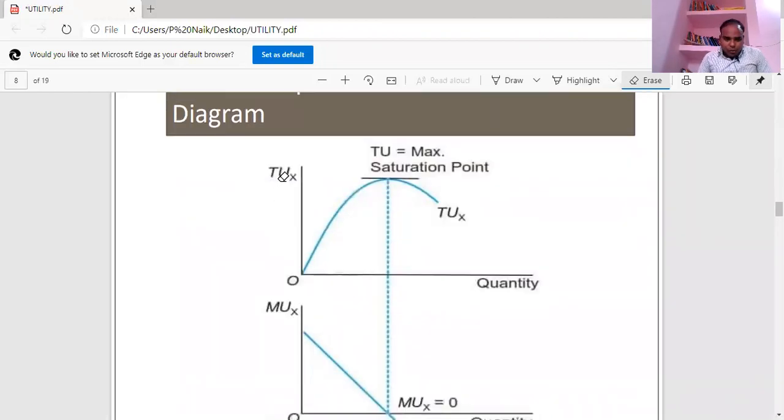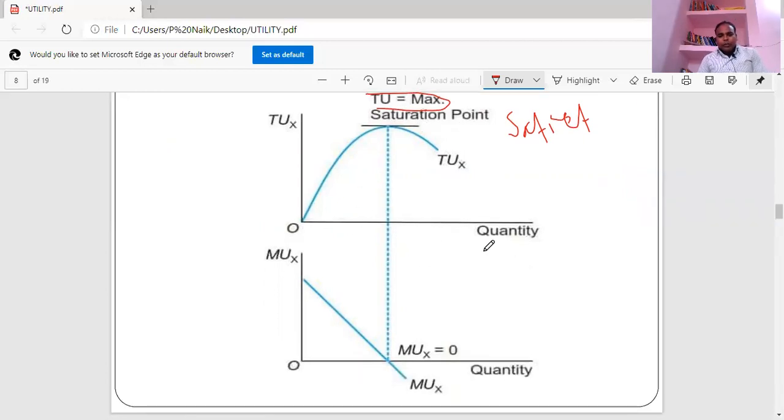This is total utility of X. See, the total utility curve is increasing at an increasing rate up to the saturation point, or satiate point, where total utility is maximum, and later the total utility starts falling.